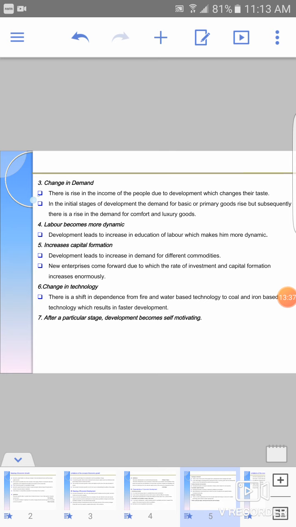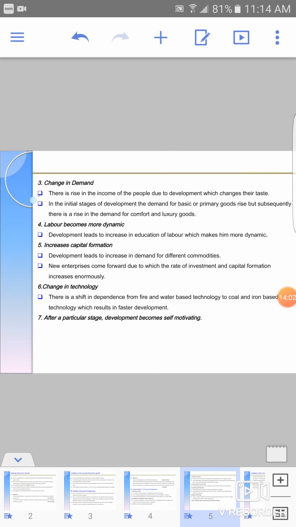Fifth point is increases capital formation. What is capital formation? Development leads to an increase in demand for different commodities. People will demand different commodities because their income levels have improved, so they'll demand a variety of goods and they'll demand more as well.